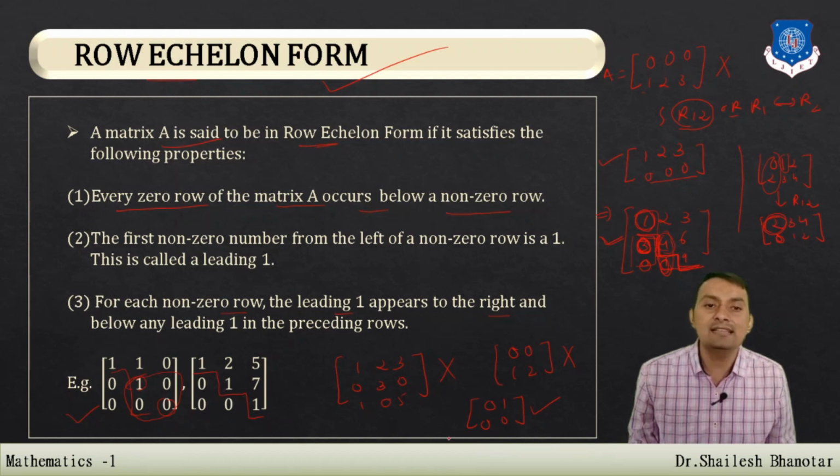The second condition says that in each row from the left we must have the leading entry as non-zero, and for simplicity that should be 1, and that we have. And below that leading entry we must have 0, and that we have. Therefore all the conditions of the row equivalent form are satisfied, and hence the given matrix is in row equivalent form.